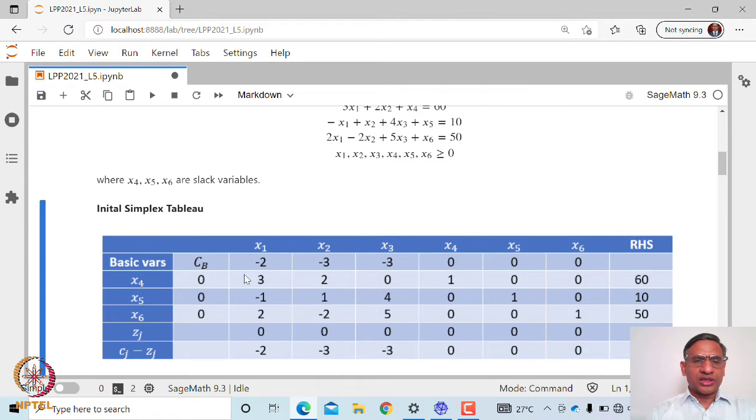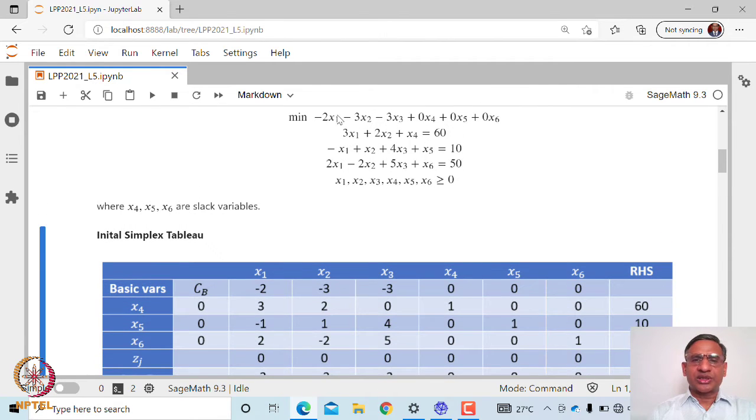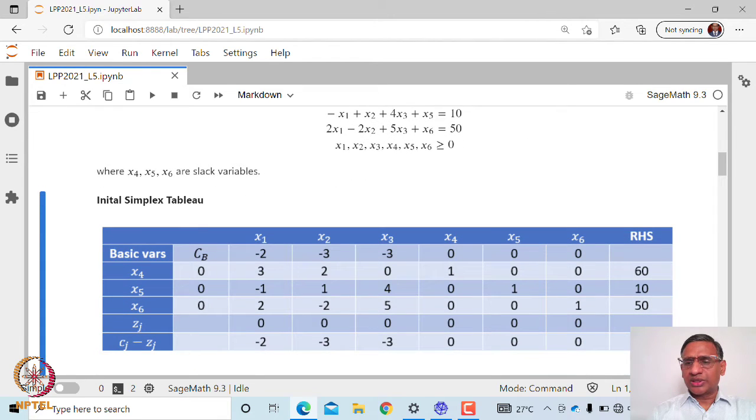In the first column we are writing basic variables, and basic variables to begin with are x4, x5, x6, and in the simplex table we have reduced cost coefficient, which we have denoted by Cj minus Zj, so that will be the last row, and in this case last row is nothing but the coefficient of x1 to x6, and the last one here is the right hand side, and here it's the value of the objective function for this particular initial basic feasible solution, which is 0 at present.